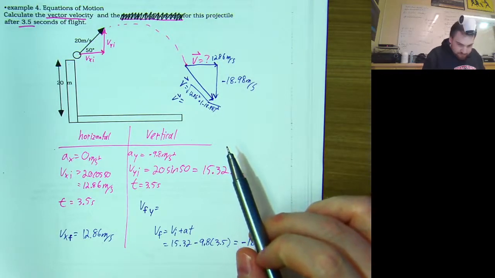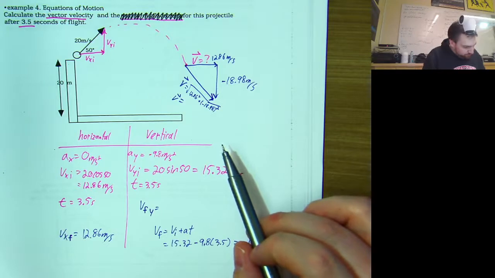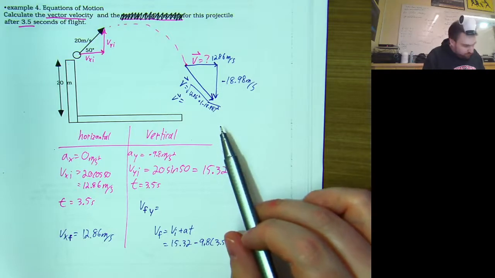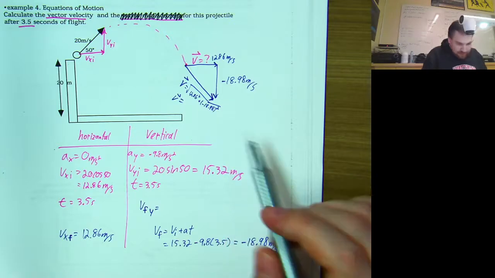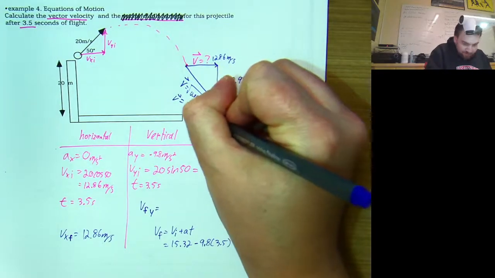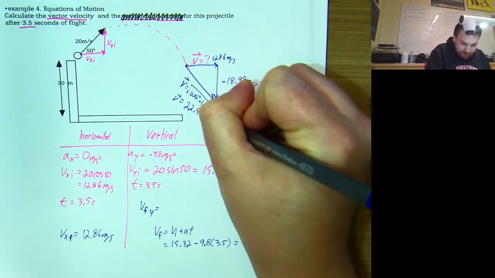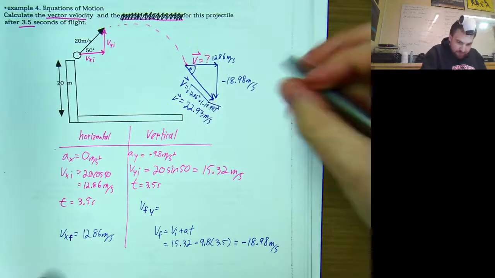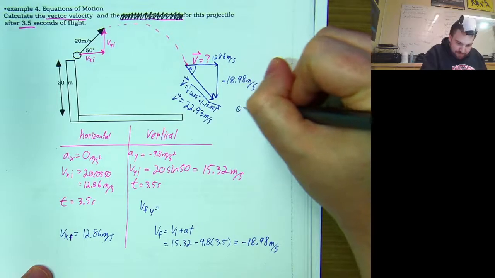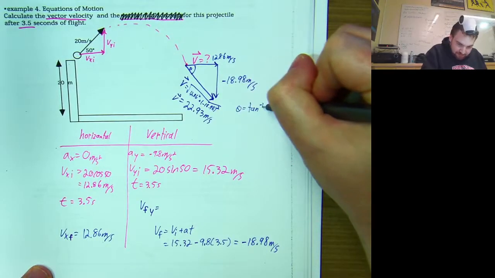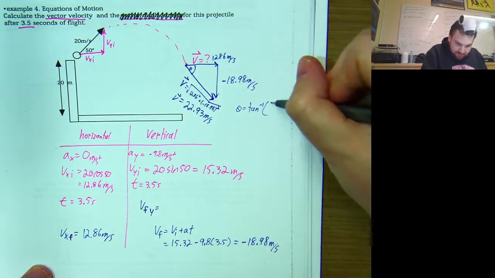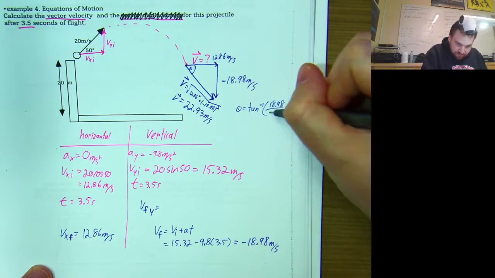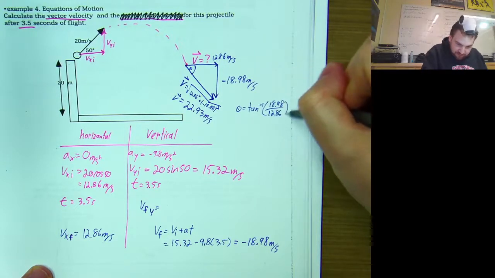I'm going to get a velocity of the square root of my answer. It's going to give us a velocity of 22.93 meters per second, and I need that angle in there. Theta is going to equal the tan inverse of opposite over adjacent.